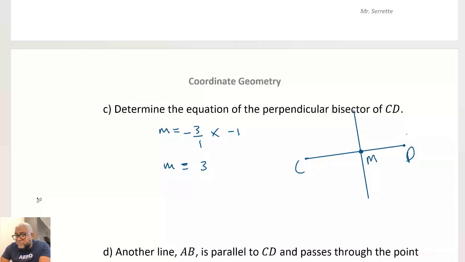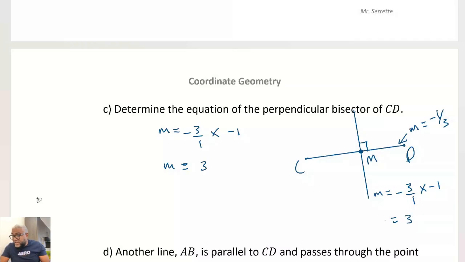We've worked out the original gradient to be negative 1/3. To get the gradient of the perpendicular line, you flip the original gradient, so it becomes negative 3 over 1, and you multiply by negative 1. Negative 3 over 1 multiplied by negative 1 gives positive 3.